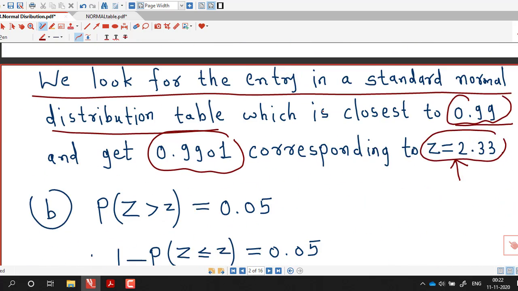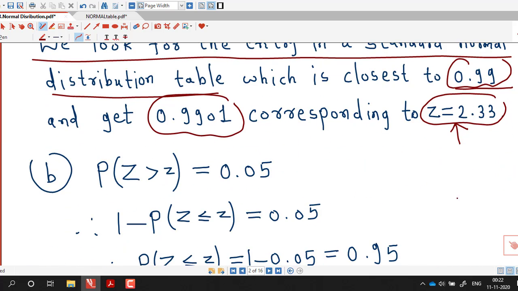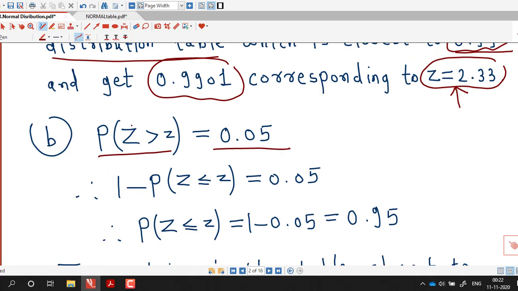We look for the second one. Here we are asked to find the value of z for which this probability is equal to 0.05. So again this probability that Z is greater than small z can be written as 1 minus probability that capital Z is less than or equal to small z.